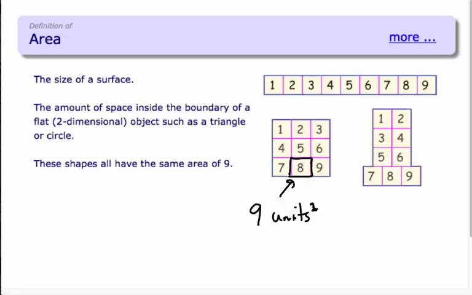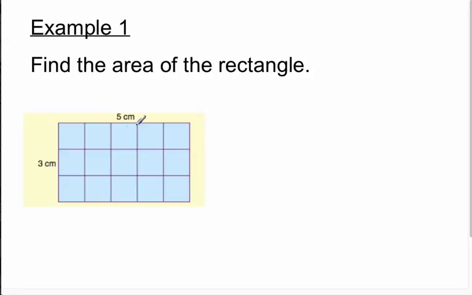Alright, so let's look at a rectangle. We have a 3 by 5 rectangle here, and if you break it up into 1 centimeter squares, then if you count them here, you have 1, 2, 3, 4, there's 15 altogether. There's 15 square centimeters.